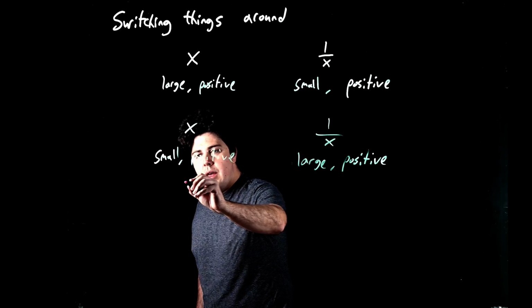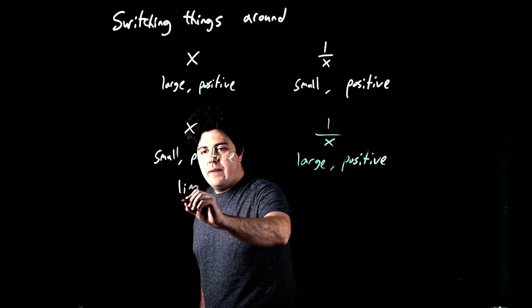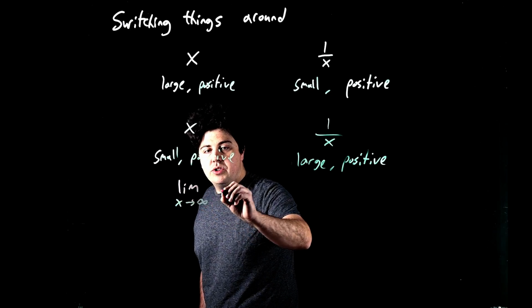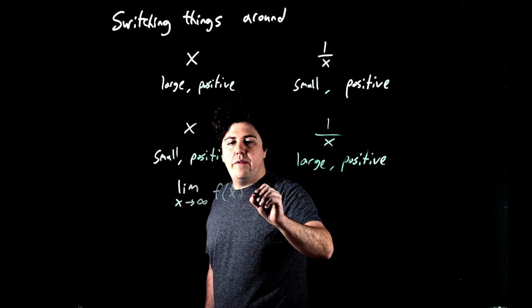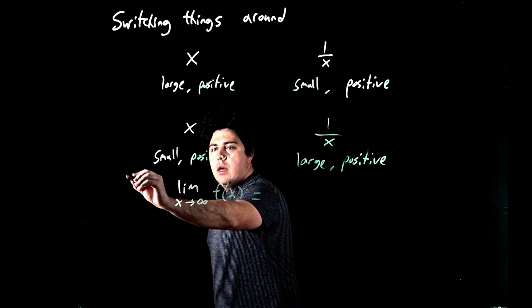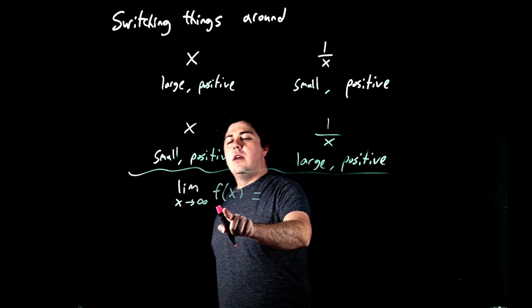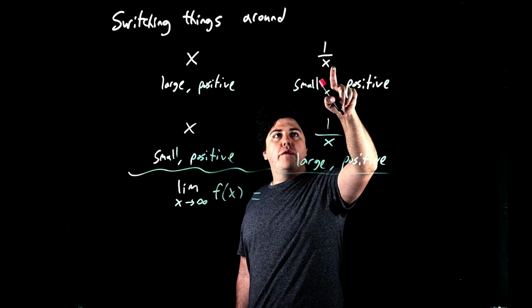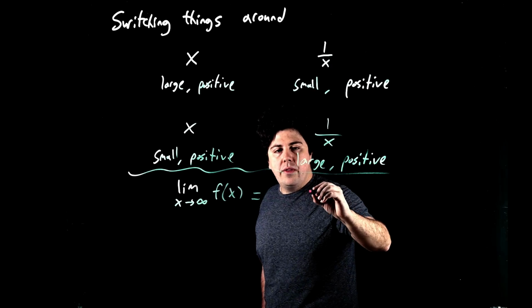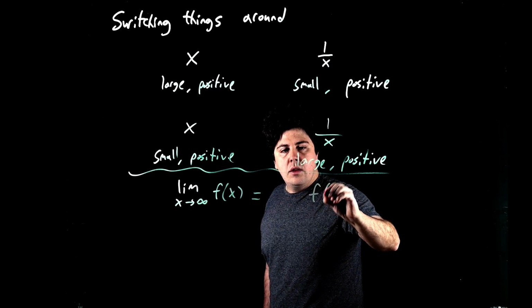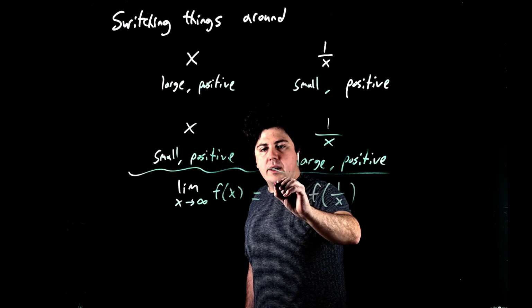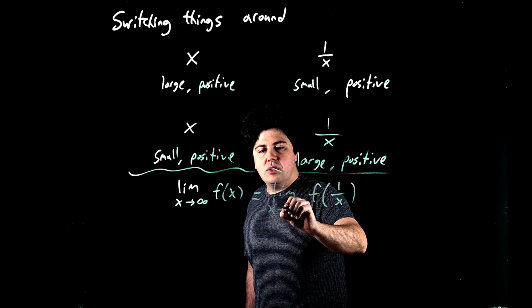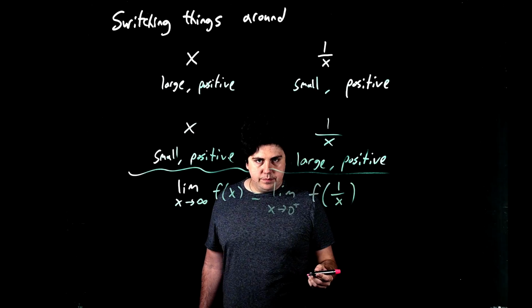It means that if I have the limit as x goes to infinity of f at x, I can replace x, which is becoming large, with 1 over x becoming very small. That is to say, the limit of f of 1 over x as x goes to 0 from the right.